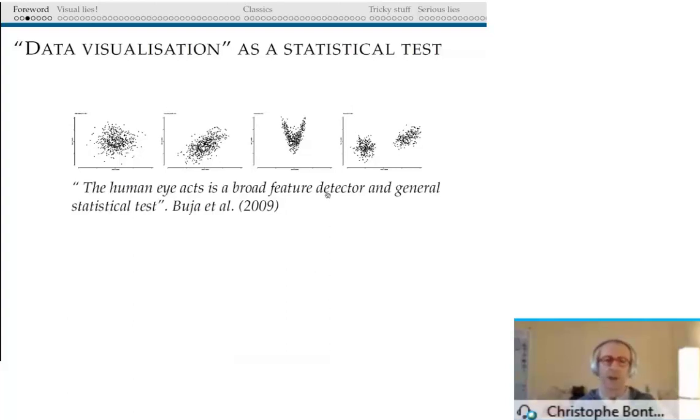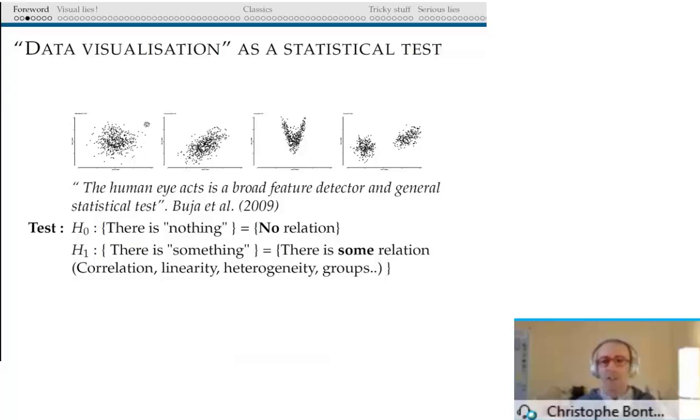This is the hypothesis proposed by Buja, Wickham, and Cook in their paper. In fact, you were testing something like there is nothing, which is a sort of null hypothesis, versus there is something. And in the first case, you were not able to reject this, there is nothing. But clearly you answered that, oh yes, there is something. I see something in the second graph, and I see something here and here on the third and fourth graph.